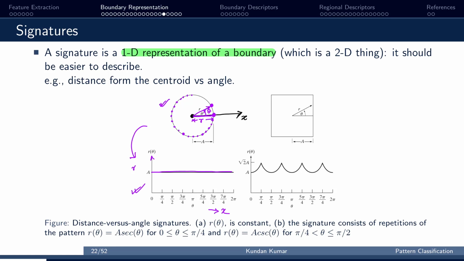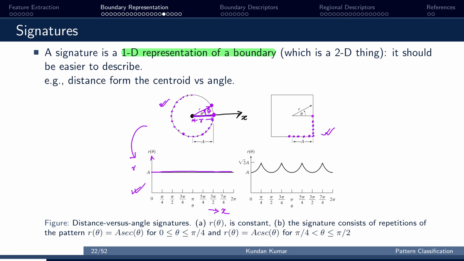So this is basically the signature of a circle, that means a boundary which is a circle. Similarly, we can draw a signature for a square. So here also what we can do, these are basically the boundary points on the square, okay.